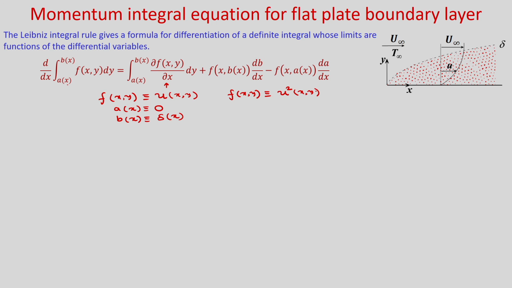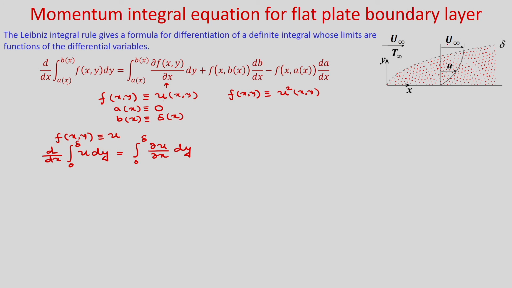Now, if you put this f of x, y as u, then you can write d by dx of integral 0 to delta u dy is equal to integral 0 to delta del u by del x dy. Now, f at y is equal to b, so in this case u at y is equal to delta.